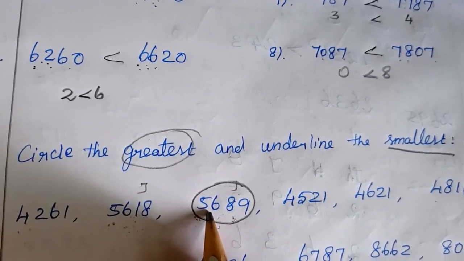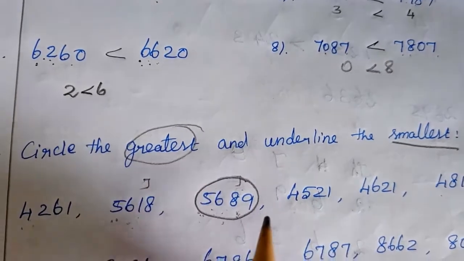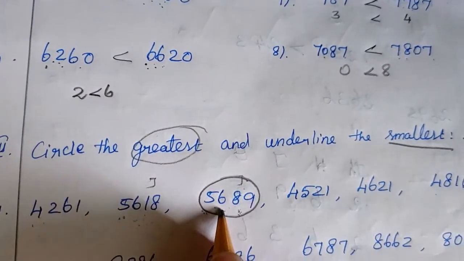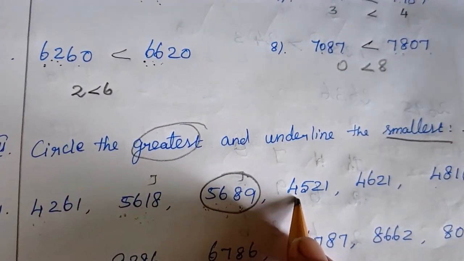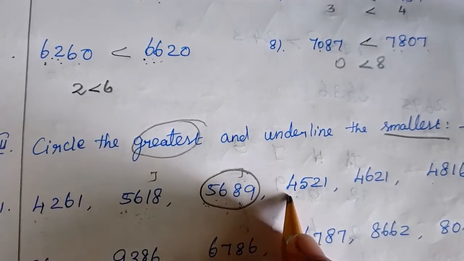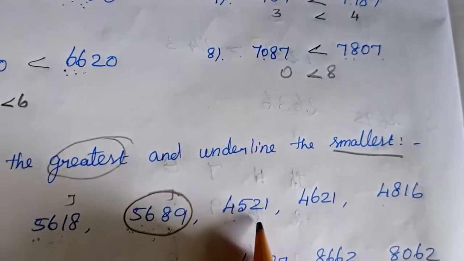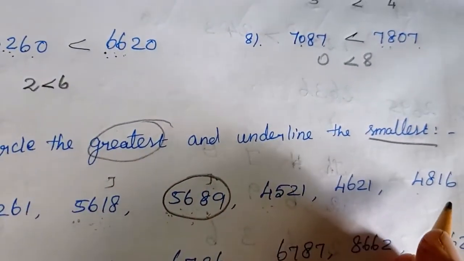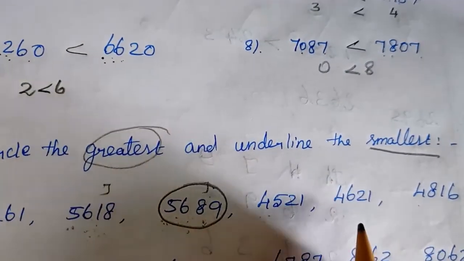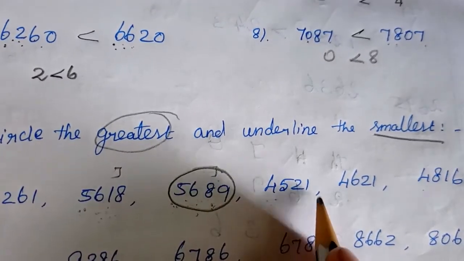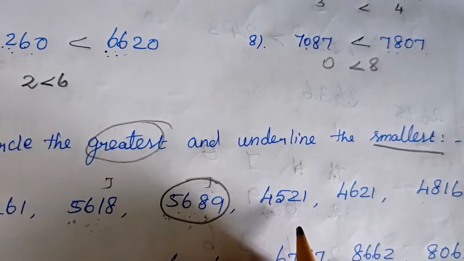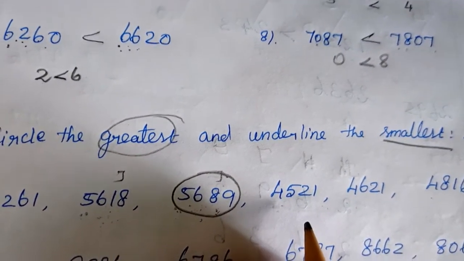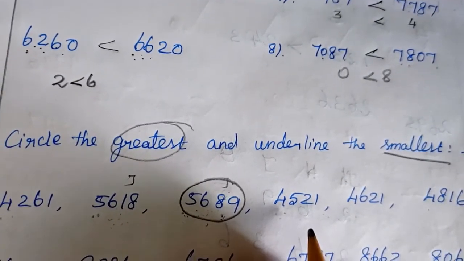But we want to find the smaller one. So is 5 greater or is 4 greater? 5 is greater and 4 is smaller. Here, the thousand place value of 4 of the numbers is 4. So children, what do you want to do next?